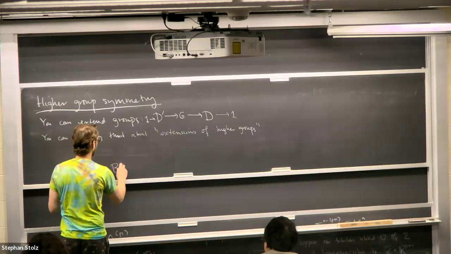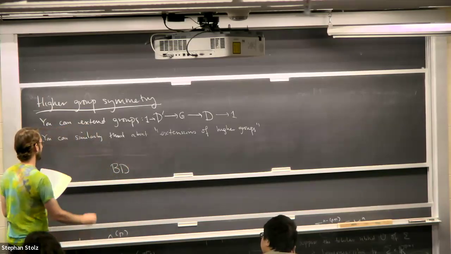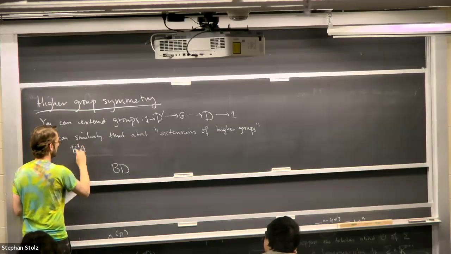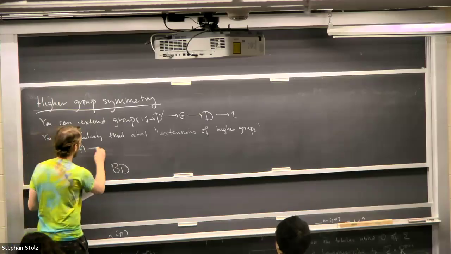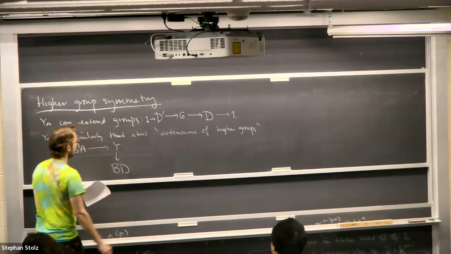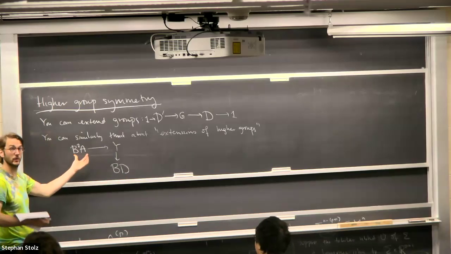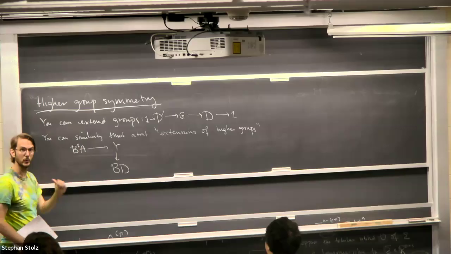So I can imagine I have BD and B2 of A. I could ask for some sort of fiber bundle over BD, whose fiber is this sort of principal bundle for this higher group.